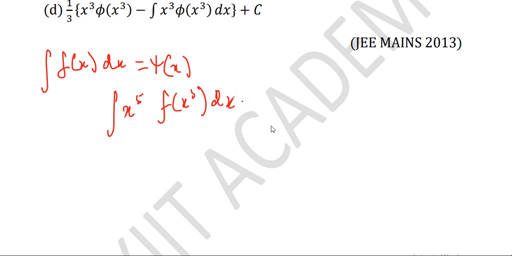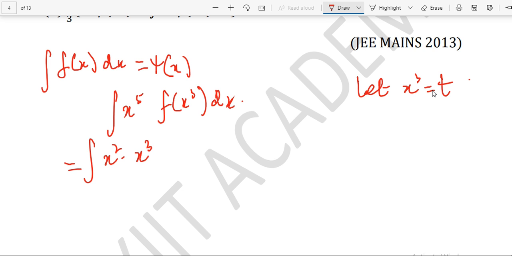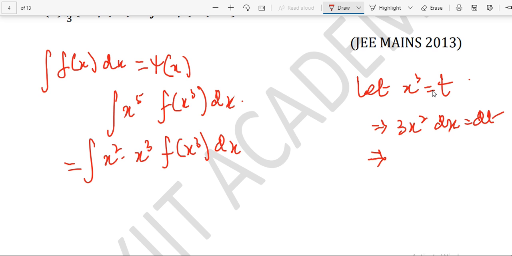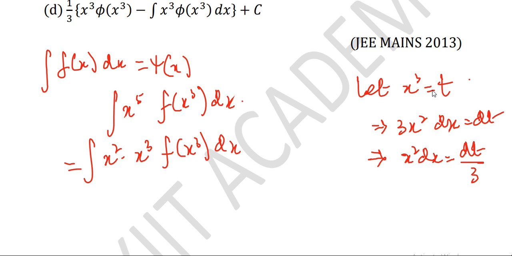Let us take the substitution x cube as t. We have x to the power 5, so basically we can write this as x square into x cube multiplied by f of x cube dx. Now x cube is t, so 3x square dx is dt. So x square dx is dt upon 3.